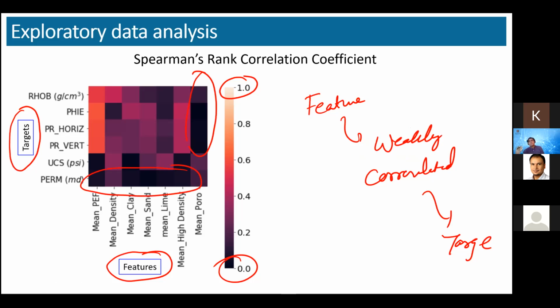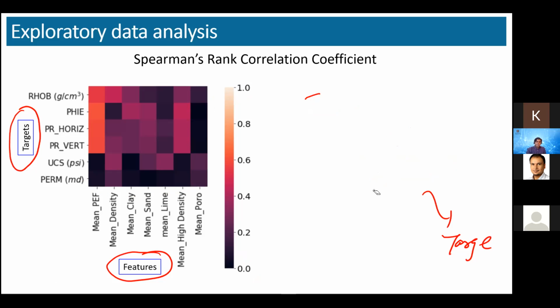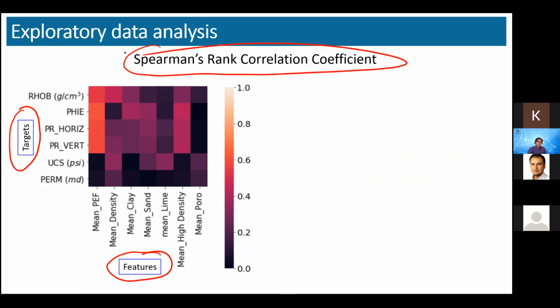Now, one thing that I want to share with you is we are using one type of correlation. This is called Spearman rank correlation that looks at nonlinear variations or nonlinear correlations. There are a lot of different ways in which you can look at these correlations. There is Pearson's, there's something called, let's say, Kendall's correlation.